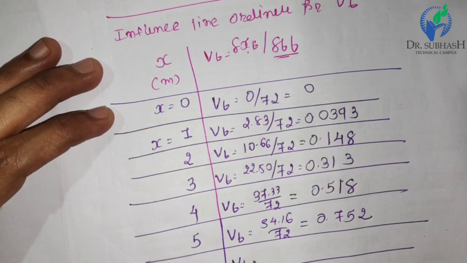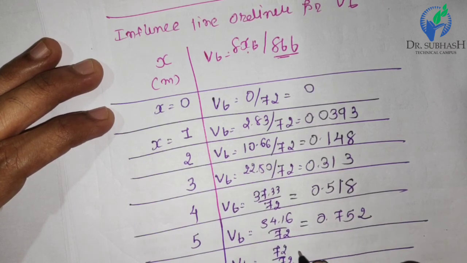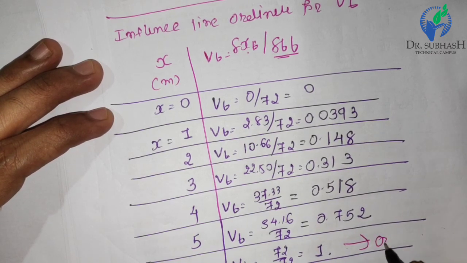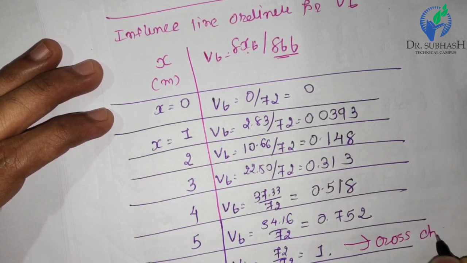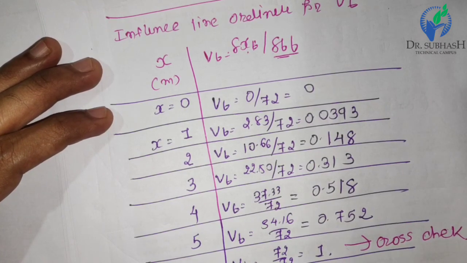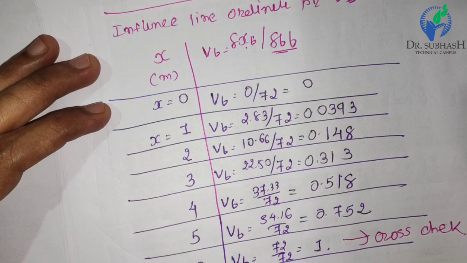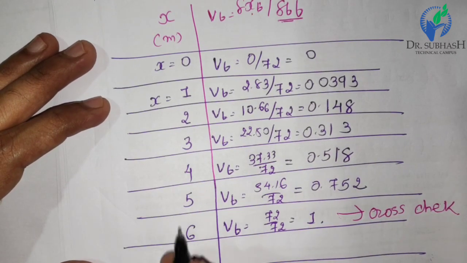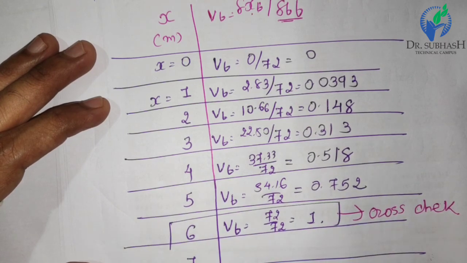Then delta VB is delta BB, 72 by 72. It's getting 1. So here we find out the cross check. When we take delta BB, if you have to find the coordinate of VB, always at that point it's getting 1, because we have to apply unit load is 1. So this is our cross check.